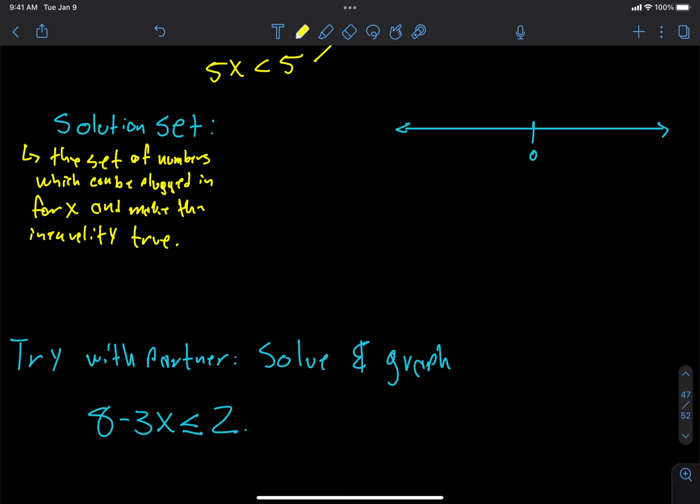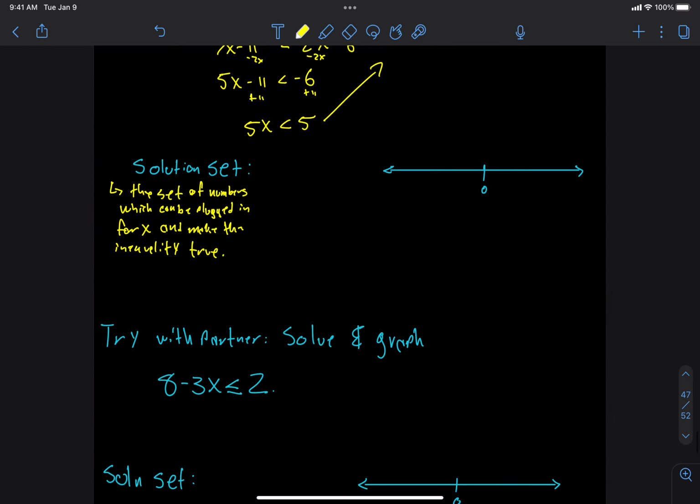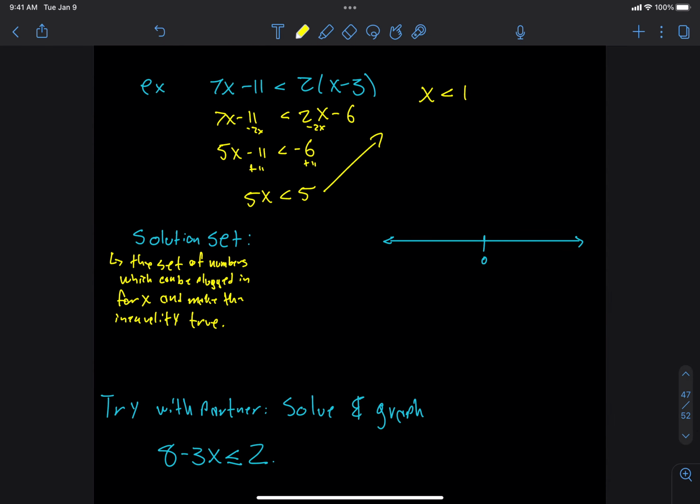And I'm going to express this set using interval notation. Or if need be, I will use unions and intersections to describe this solution set using interval notation. Okay, so I want to describe all of the numbers that I can plug in for x such that if I plug that number in, the inequality x is less than 1 will be true.